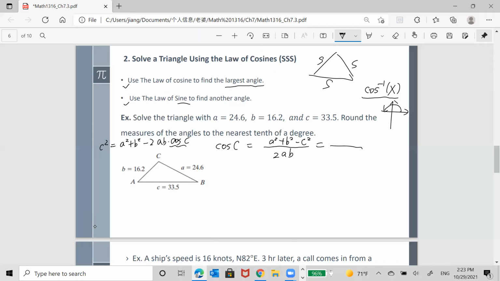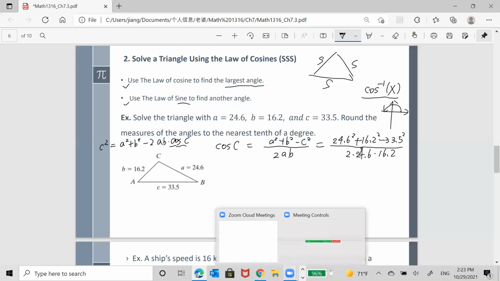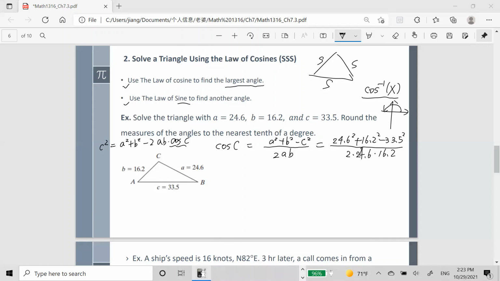So A is 24.6 squared plus B is 16.2 squared minus 33.5 squared, over 2AB. 2 times A, 24.6, times 16.2, that's B. Then use a calculator.